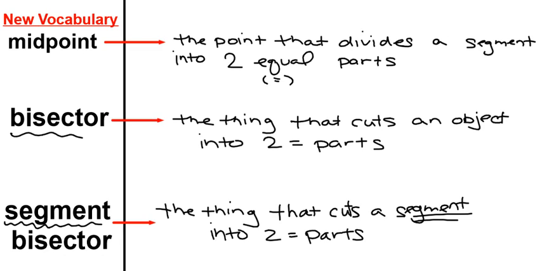We will learn later that you can cut angles into two parts. I mean, anything that is a figure you can really cut into two parts. So in this lesson, we're specifically talking about a segment bisector.